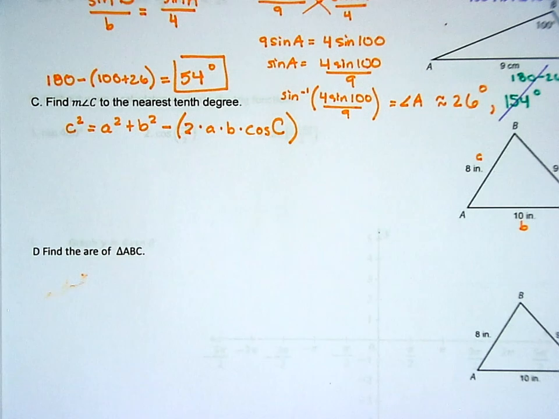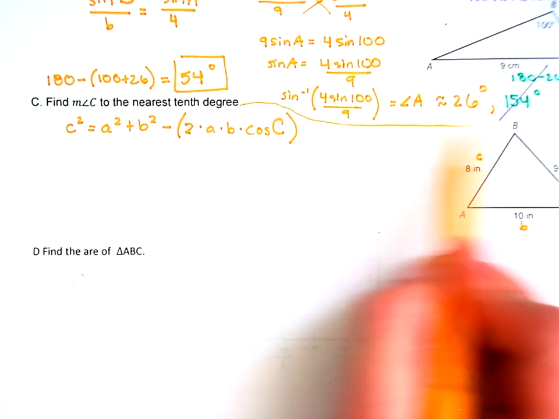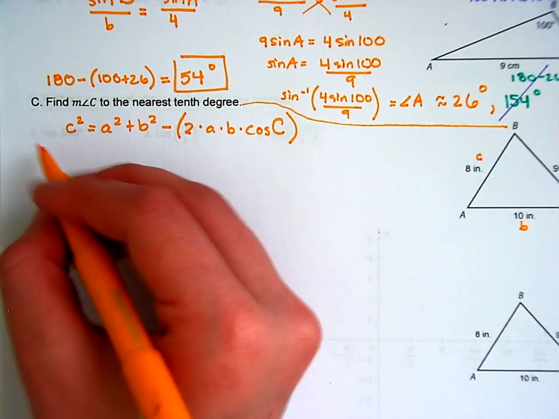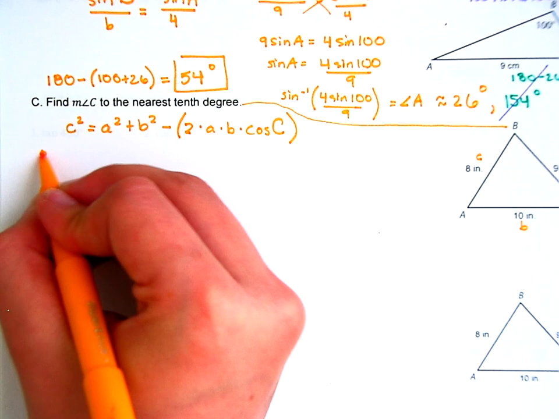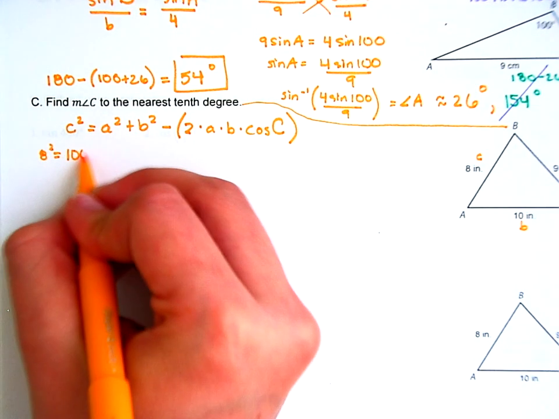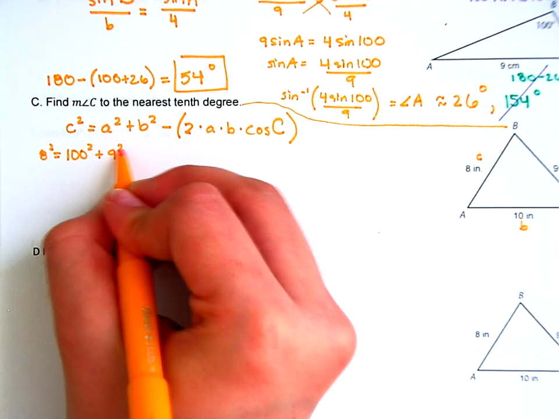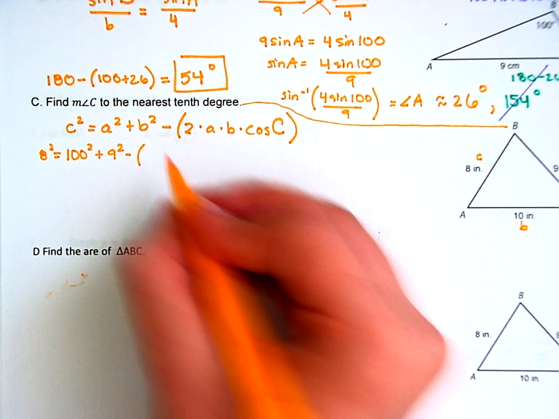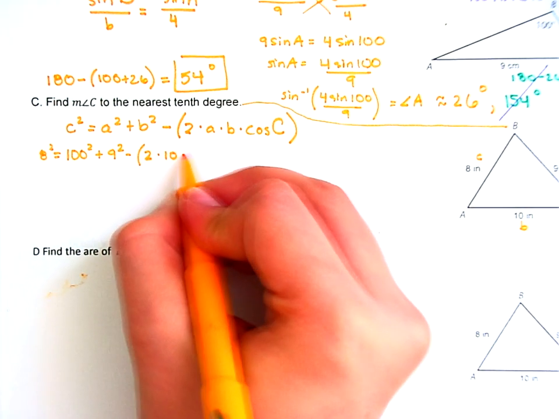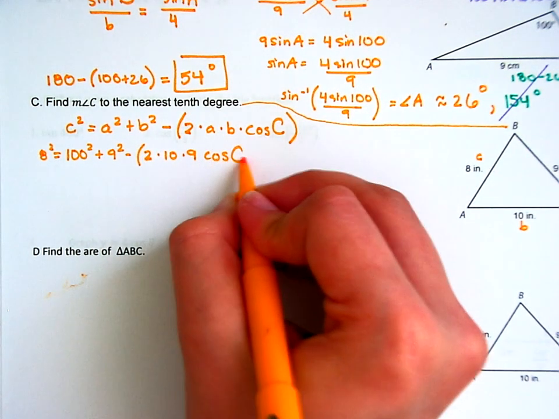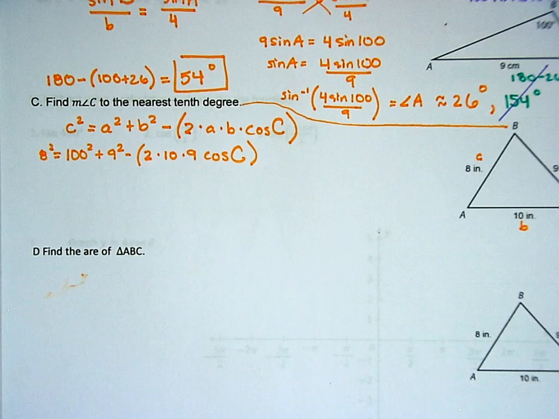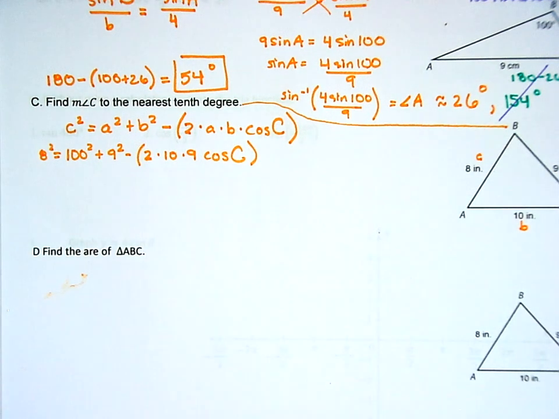All right, let's put those values in, and let me separate my work a little from the previous problem. So little c is 8, so I've got 8 squared equals 10 squared plus 9 squared, and then in here I'm going to do 2 times 10 times 9 cosine C. I don't know what C is. And then this is where we really need to be careful with our algebra.